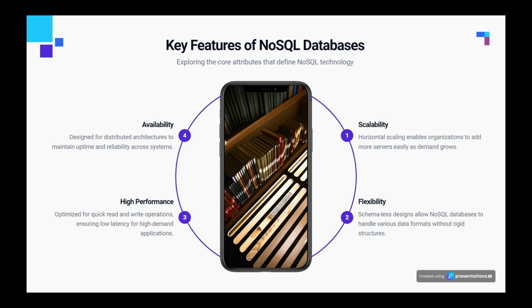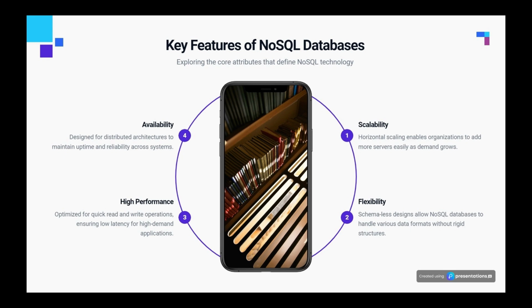So, some of the key features of NoSQL database are scalability. We can horizontally scale our NoSQL database, which enables organizations to add more servers easily as demand grows. It provides us with flexibility, like schema-less designs, which allow NoSQL database to handle various data formats without rigid structures.